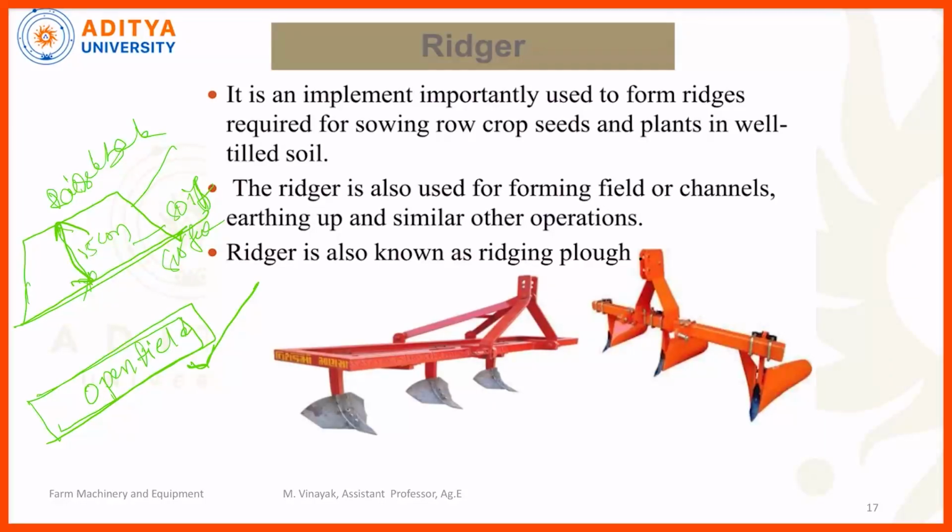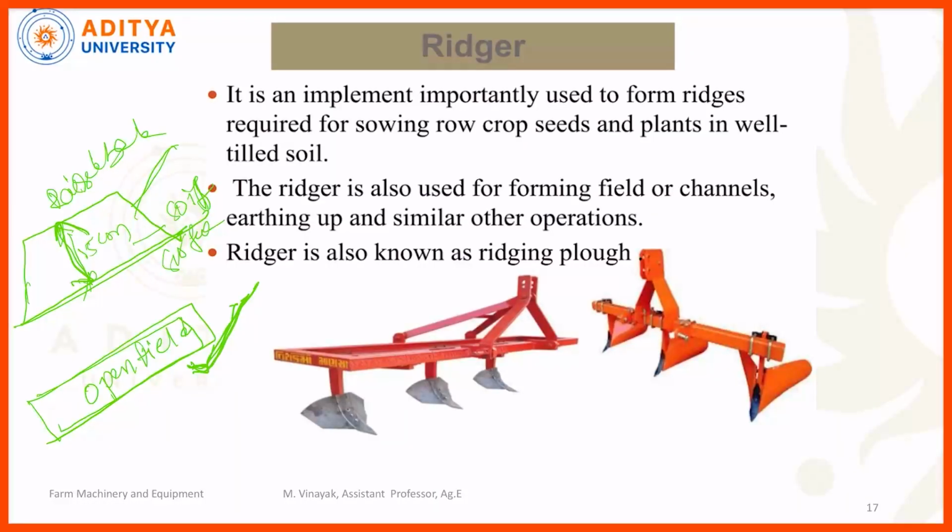Here we can grow root crops like groundnut, potato, radish, as well as sweet potato and onion. With this raised bed method we can easily harvest. In the open bed method, we sow the land in an open field, so it is difficult to carry out sowing and harvesting operations.